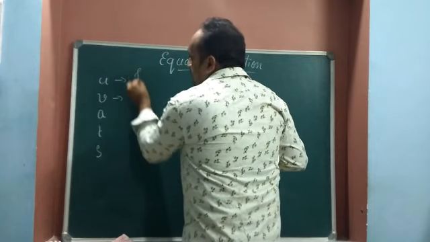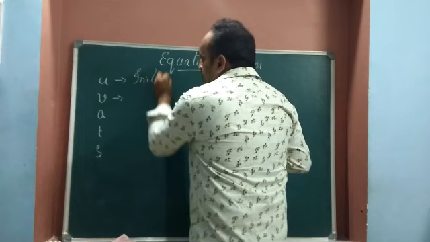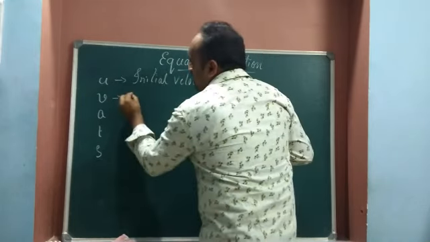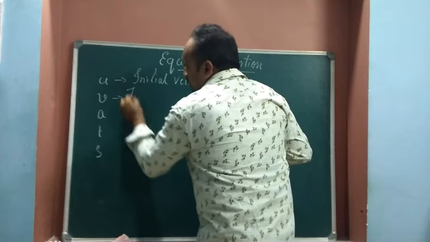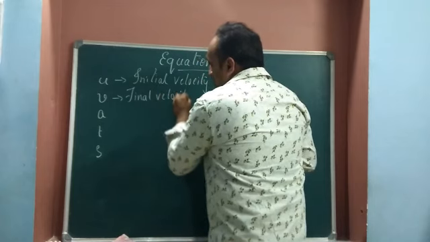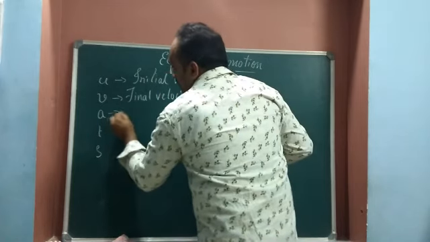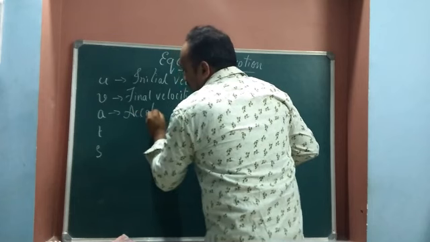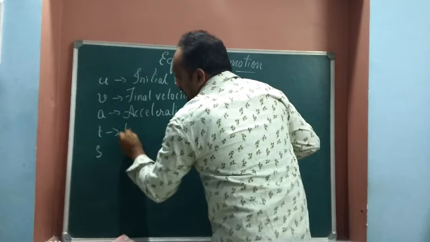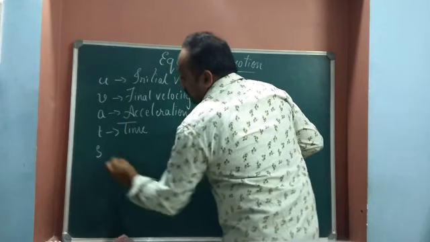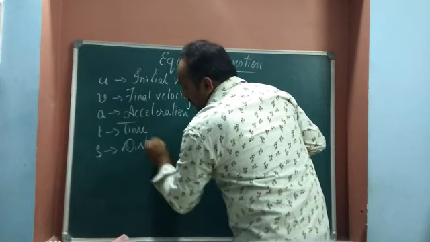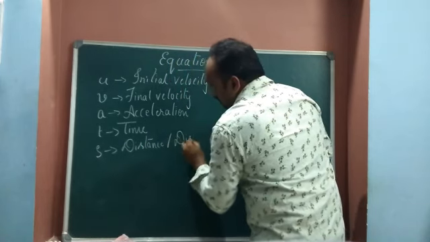U represents initial velocity, V represents final velocity, A acceleration, T time and S distance or displacement.